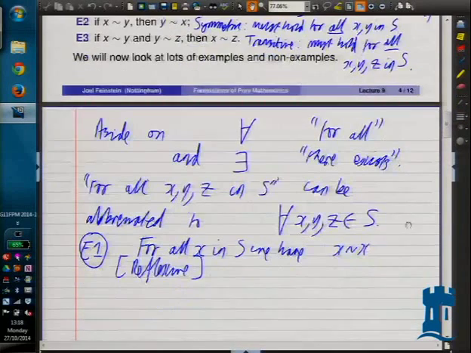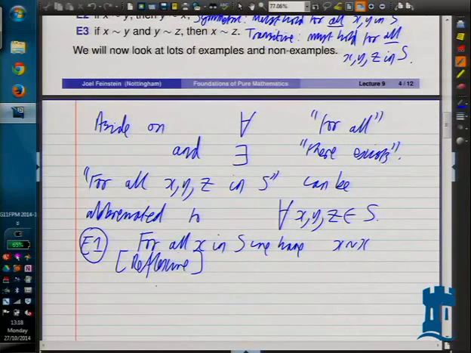So you could write that out as all x in S, comma, x is related to x. That's pronounced the same way. That's just a shorter way of writing in mathematical symbols. For all x in S, we have x is related to x. Okay? So that's pronounced the same way.